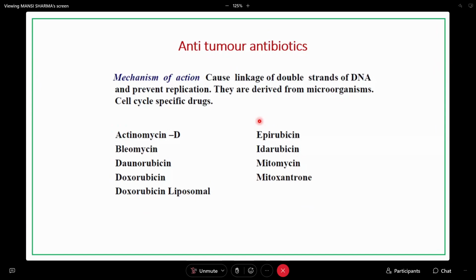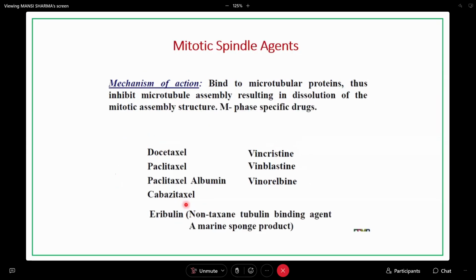Anti-tumor antibiotics cause linkage of double strands of DNA and prevent replication. They are mostly derived from microorganisms and are cell cycle specific. So we have actinomycin D, bleomycin, daunorubicin, doxorubicin, a variant of doxorubicin called liposomal doxorubicin, to name a few. Mitotic spindle agents, as I mentioned before, they bind to microtubular proteins. So they inhibit microtubule assembly, resulting in dissolution of mitotic assembly structure, and the cell gets arrested in M phase.